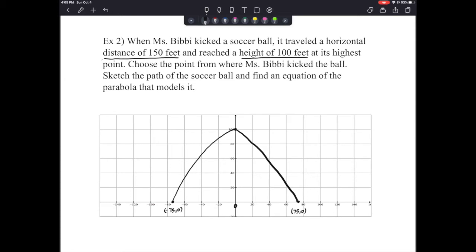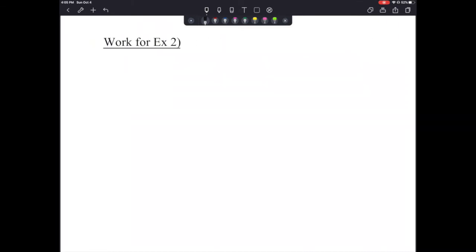Okay, so what is our vertex? Well, that should be the point 0, 100. So we kind of have an illustration set up, and we can now try to find the equation of the parabola that models this. So we've got y is equal to a times the quantity of x minus h squared plus k.